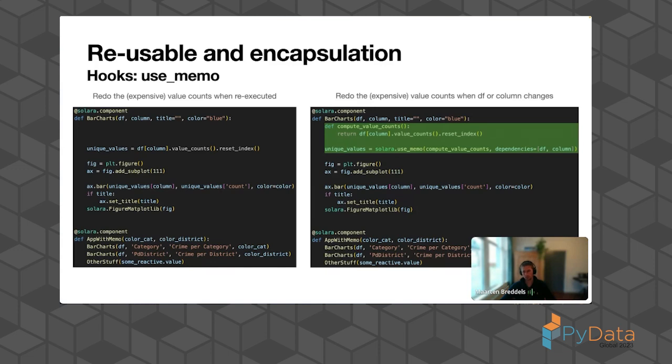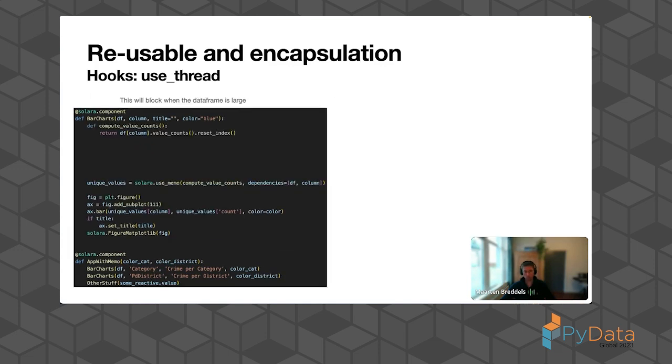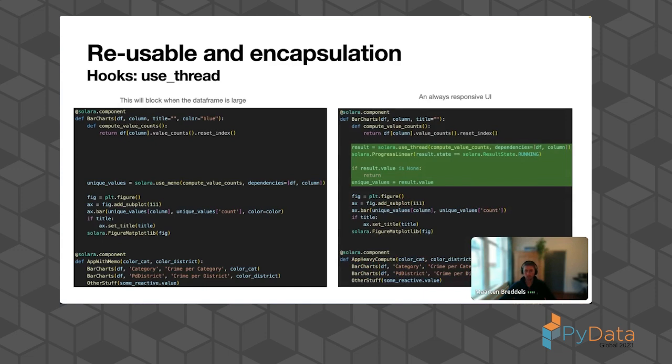So let's go a little bit further. You say, well, this is actually too slow. It's taking like 2 seconds for my value counts. So what next? This will block the UI. It's not really user friendly. And for this we have the use thread hook. That's basically another hook, and you see that the code change is really small, and this allows us to execute something in a thread, show the progress in a progress bar, and have the whole UI responsive.